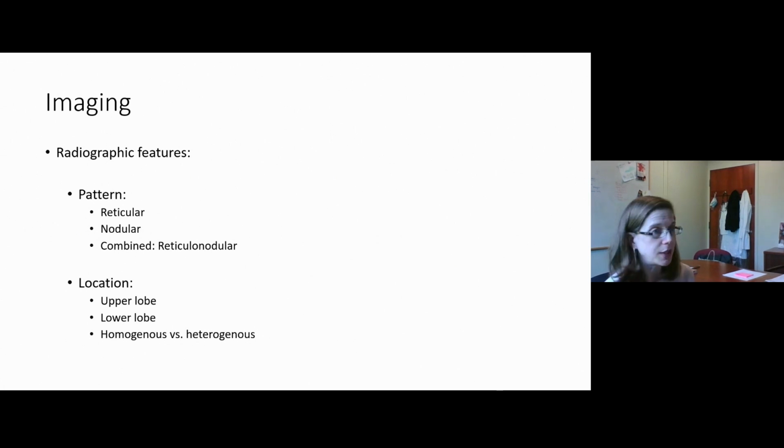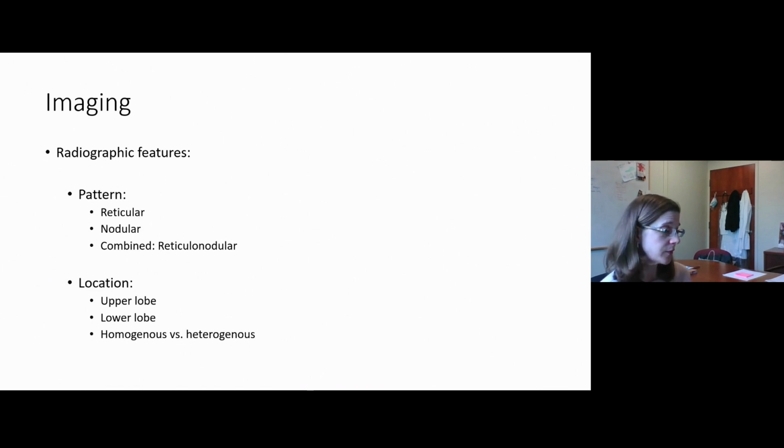Patients may have a reticular pattern, meaning lots of small lines, particularly at the periphery of the lung. There may be a more fine nodular pattern on CT scan, or there may be a combined reticulonodular pattern. The location of the disease is also very important. Some diseases are heterogeneous, meaning there are areas of preserved lung and areas of very diseased lung.